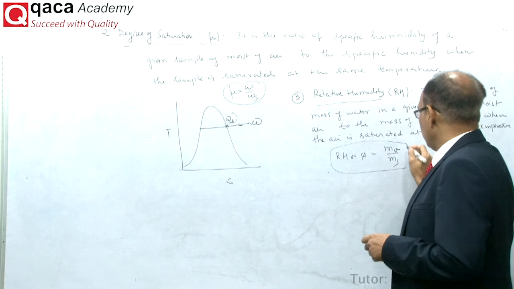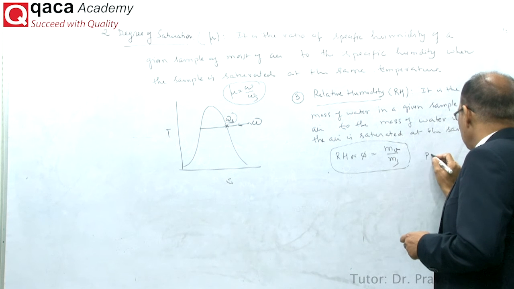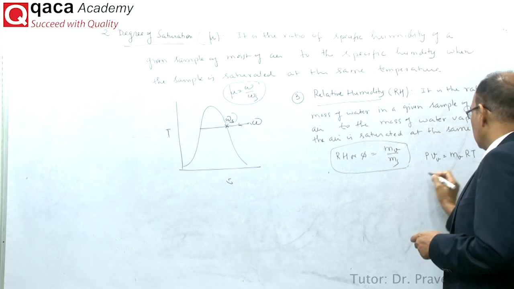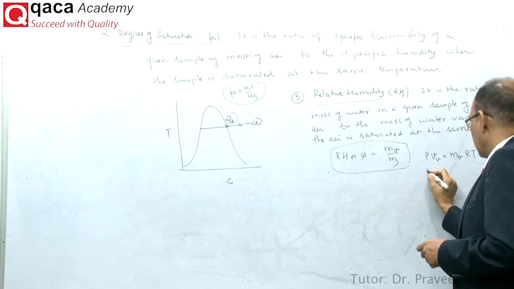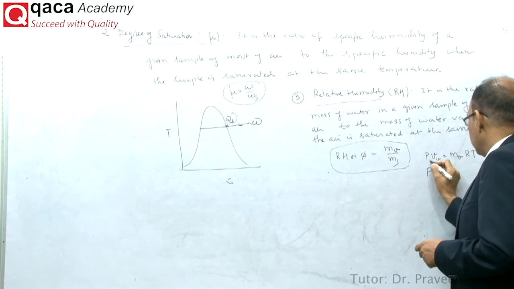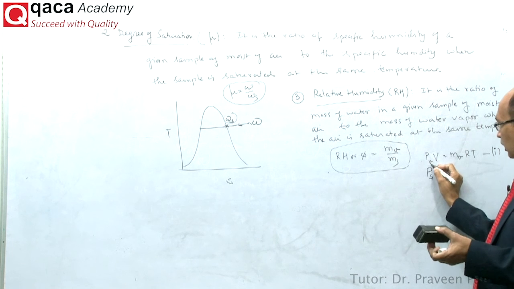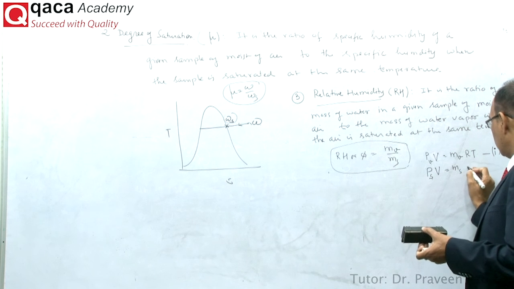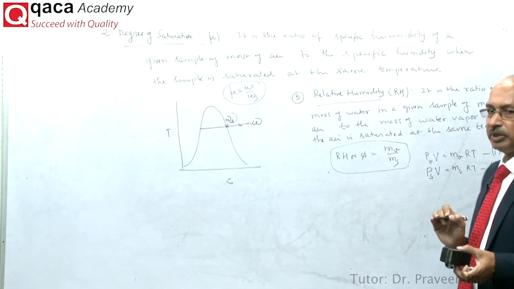Now, again we can use the gas law. The gas law says P V V is equal to m V R T when the sample is unsaturated, and when the sample is saturated, the pressure is P s. When it is not saturated, it is the normal condition P V, and for the saturated case, P s V is equal to m s R T, the equation 2.